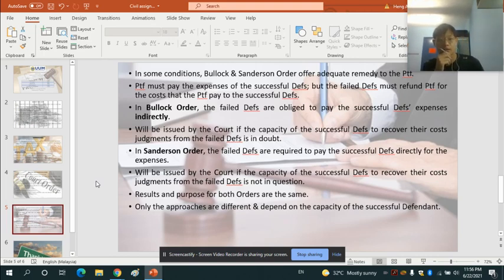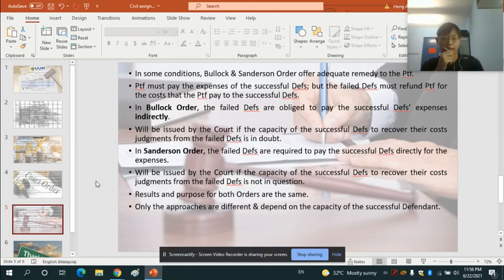On the other hand, in a Sanderson order, the failed defendants are required to pay the successful defendants directly for the expenses. This will be issued by the court if the capacity of the successful defendants to recover their costs judgment from the failed defendants is not in question, in other words, there will be no issues.